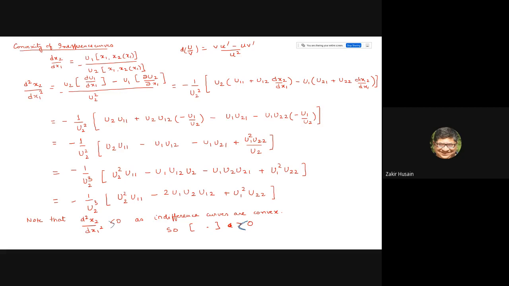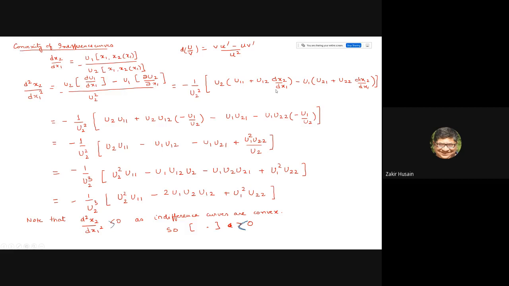Okay, so I'll write this down later. So first, let us find out the expression for convexity or concavity, the second derivative. So using the minus u1 by u2, this is the u by v formula, we can break up this equation.